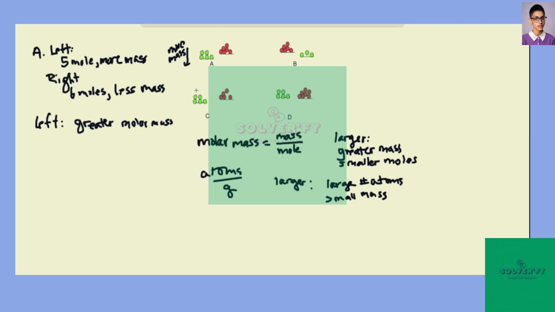So if we look for the one that has the greater number of atoms and the smaller mass, that's the one on the right. So the right has more atoms per gram. If we look for the one that has fewer atoms per gram, to get a smaller number here, we would have a small number on top and a larger number on bottom, which is our left.